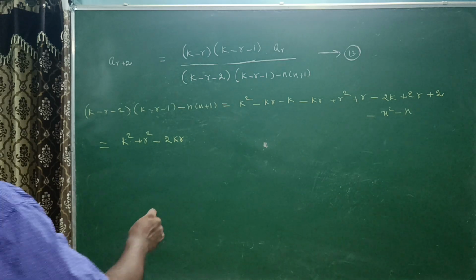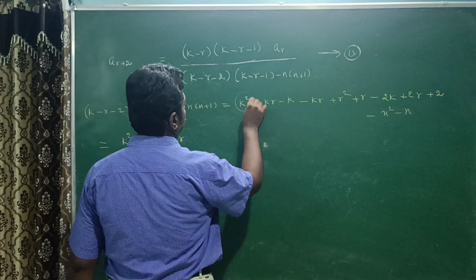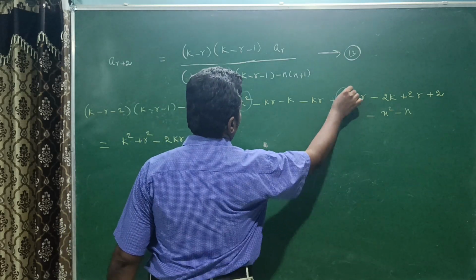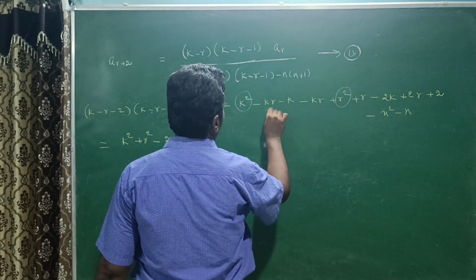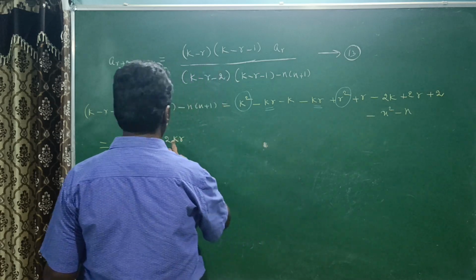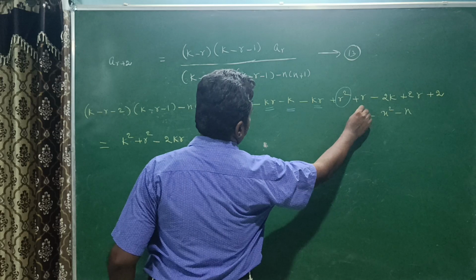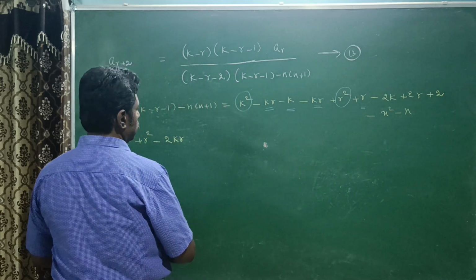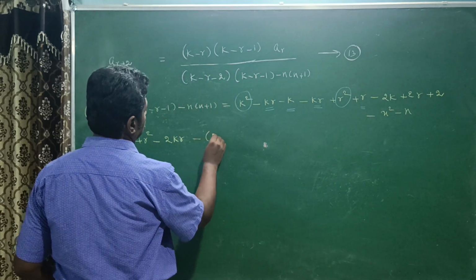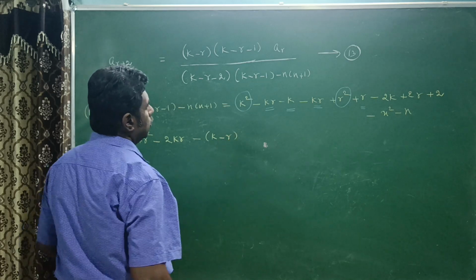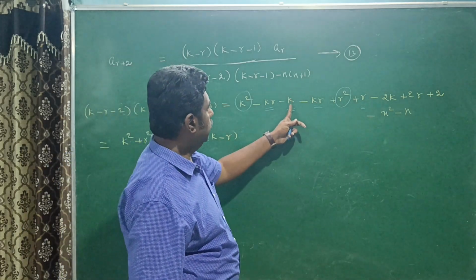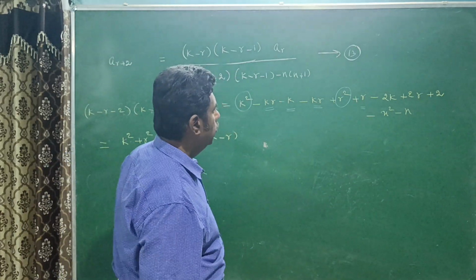See this: k square, r square, minus kr, minus kr, so minus 2kr. Then combine these two terms by way of taking minus outside. If I take minus outside, k minus r.